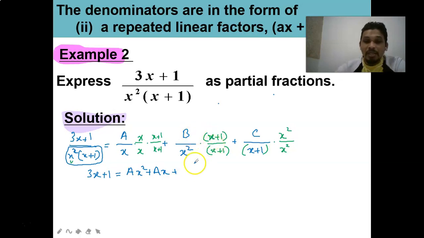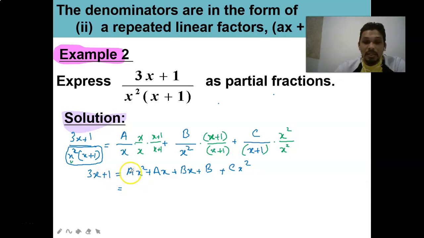Then b times x equal to bx plus b times 1 equal to b. And cx squared.